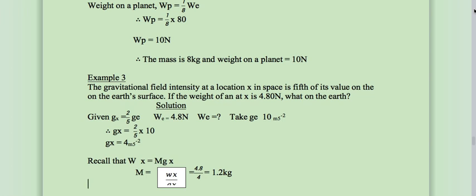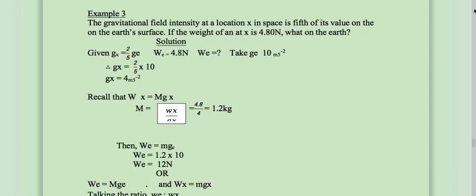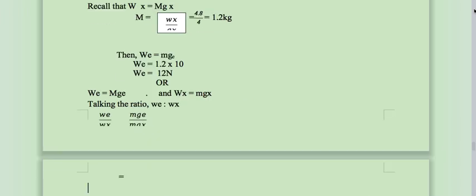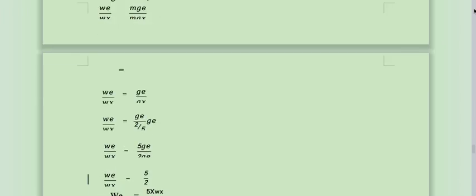If the weight of an object at X is 4.8 newton, what is the weight on the Earth? So we are looking for the weight on the Earth.